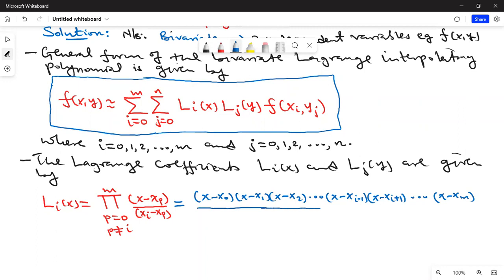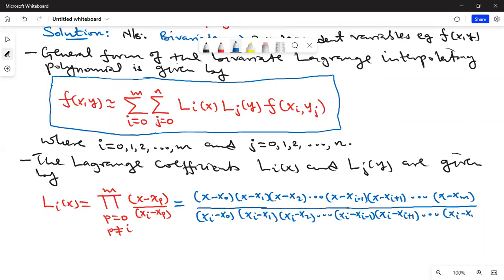For the denominator, where there is x in the numerator, you replace that by xi. So we'll have xi minus x naught, xi minus x1, xi minus x2, so many other factors, xi minus x i minus 1, xi minus x i plus 1, so many other factors, to the last one, xi minus xm. This is the first one.